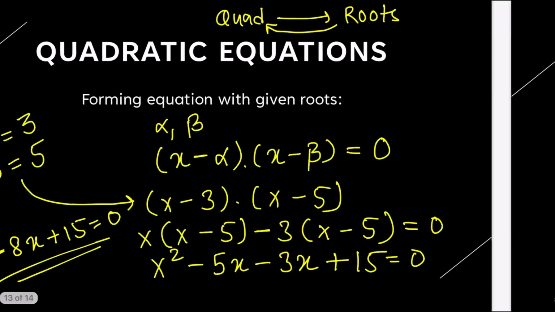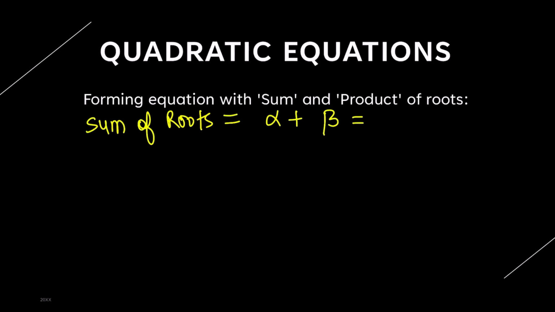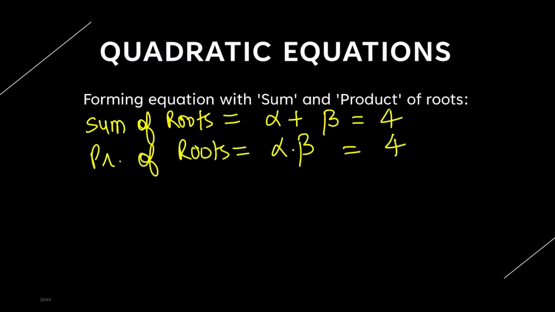Now, the final thing: if instead of roots they have given you the sum of roots, say alpha plus beta is 4, and the product of roots, alpha into beta, is given, suppose say 4. How will you find the equation?